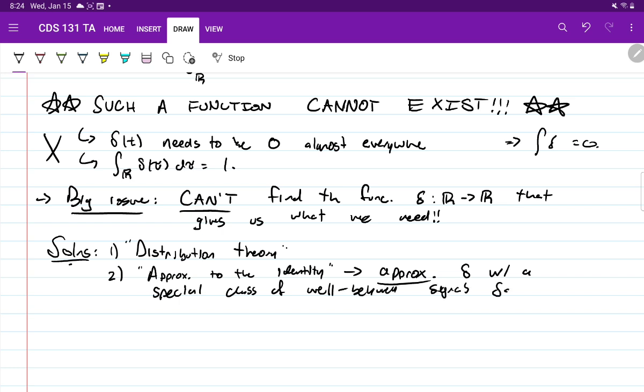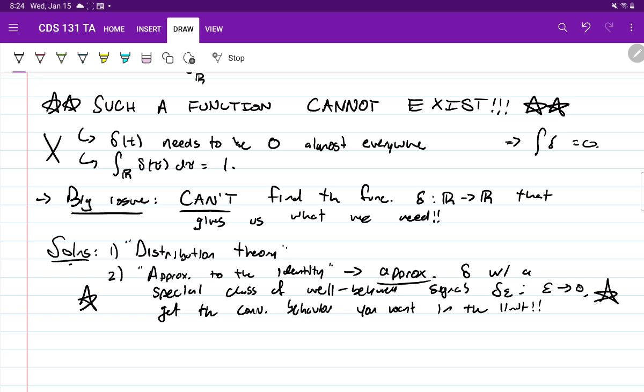And these signals are called like delta epsilon, okay? So they're parameterized by a real number epsilon. And essentially when epsilon goes to 0, you get the convolution behavior you want in the limit, okay? So this is like a particularly nice class of functions that approximates what this delta wants to do, okay?